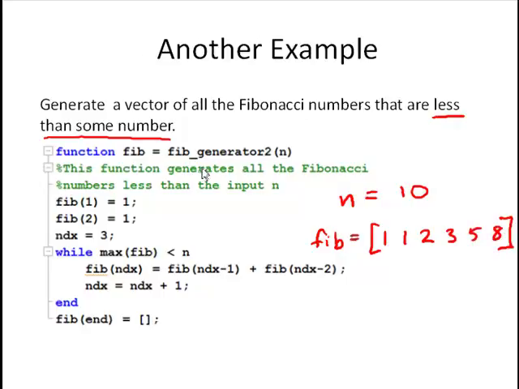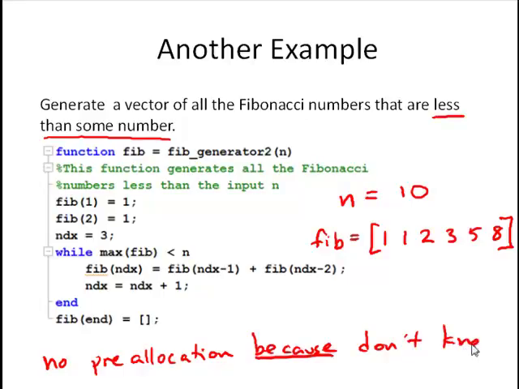And so let's look at how this works. We again generate the first two. Note, I'm not using pre-allocation in this example because we don't know how big the vector is going to be. We don't know the ultimate size of fib.